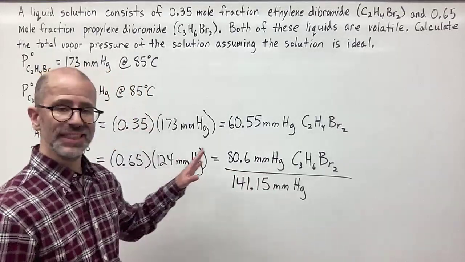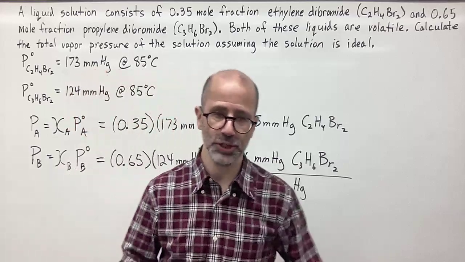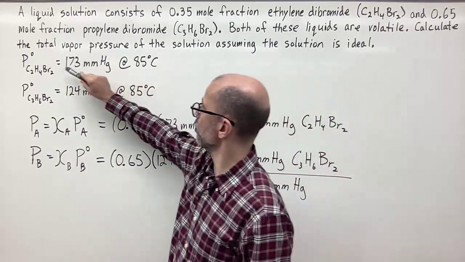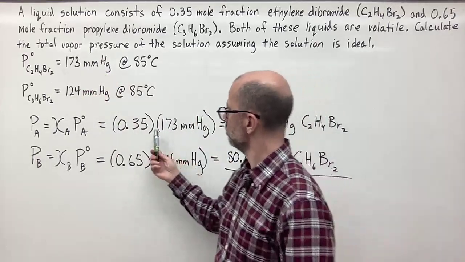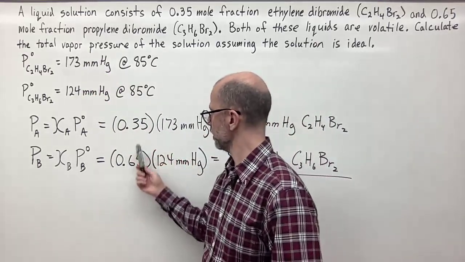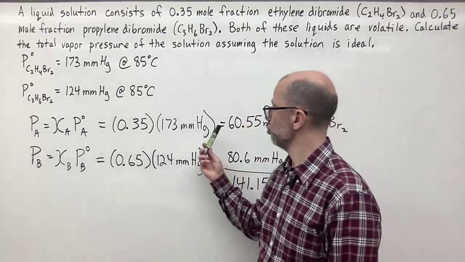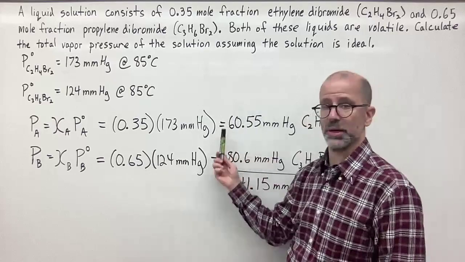So now, sig figs. If you want to know how many sig figs to keep, we have to go back to our original values. Here we have 3 sig figs given. Here we have 2 sig figs given. So when you multiply these together, your answer should have 2 sig figs.